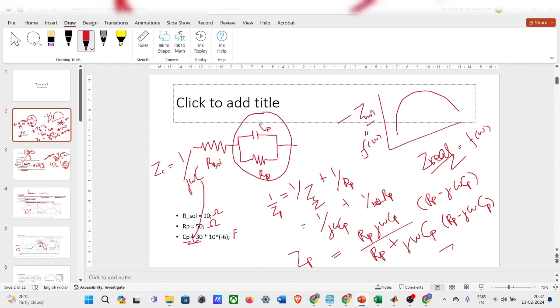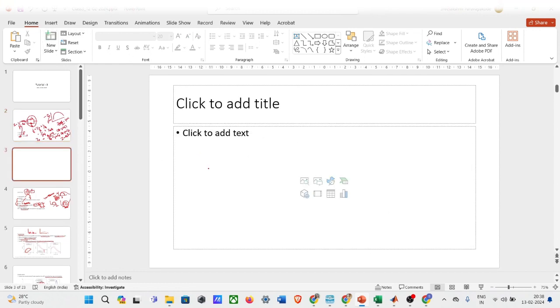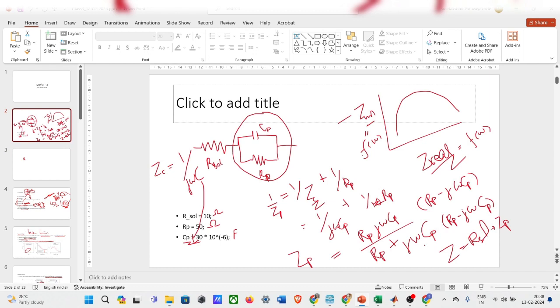So now the total will be R solution plus R1 RP. So we can separate the imaginary part with the minus. Now I am telling the real part.